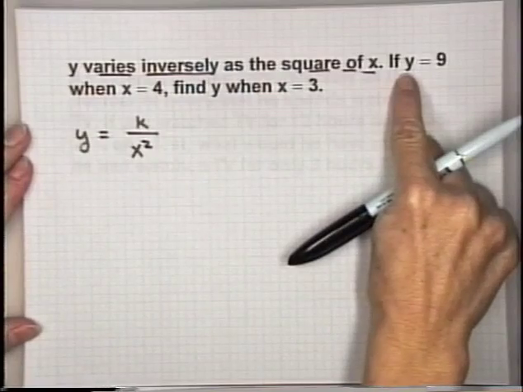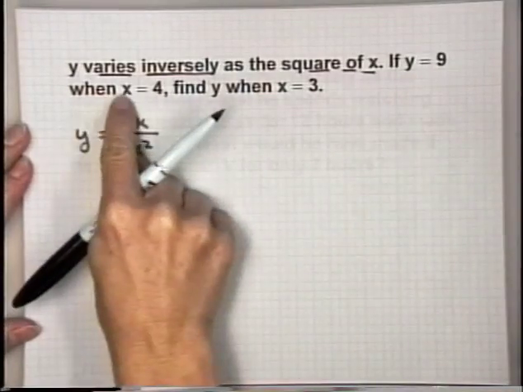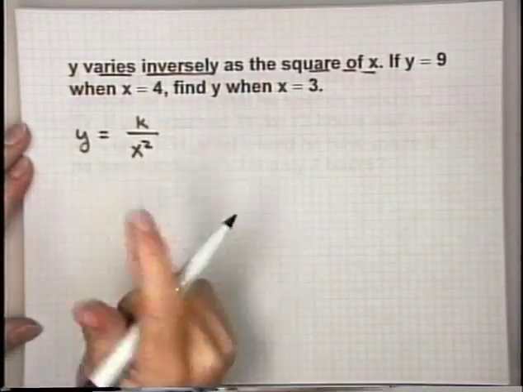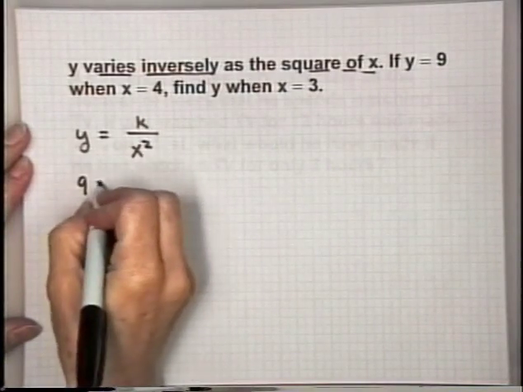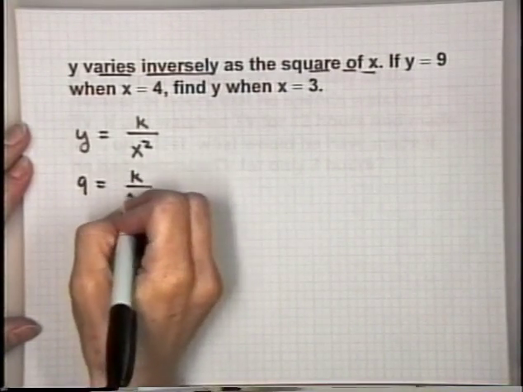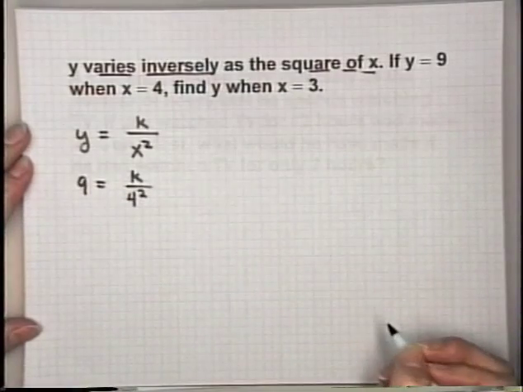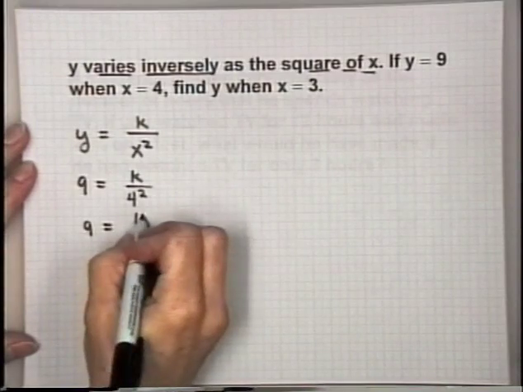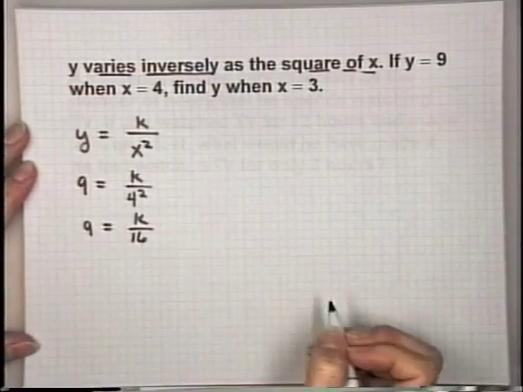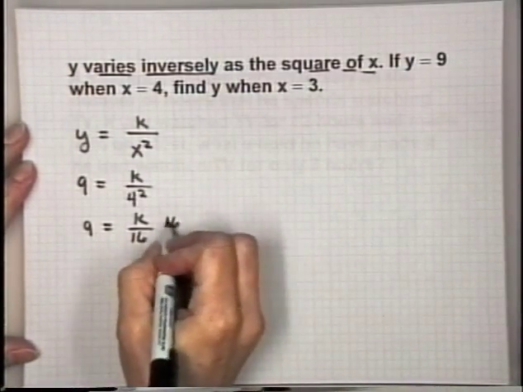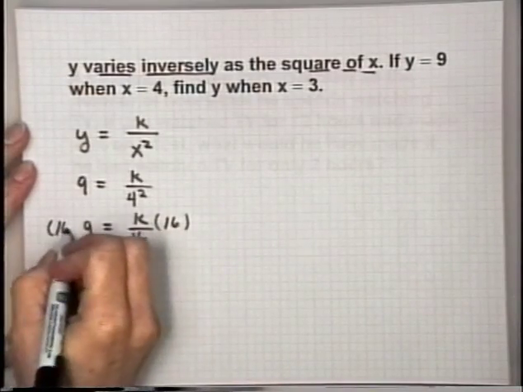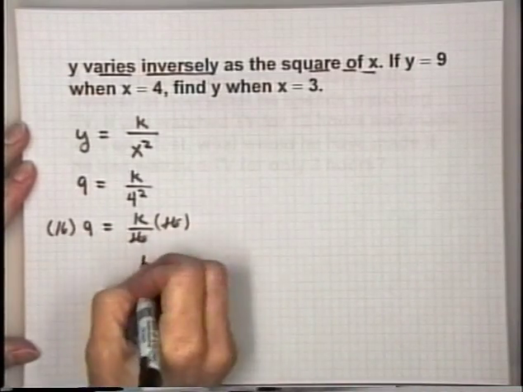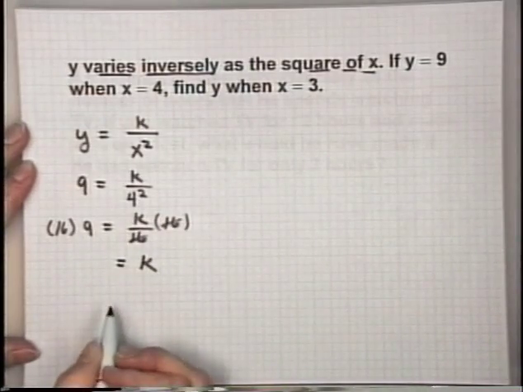Now, with the information, if y equals 9 when x equals 4, well, let's substitute. y is 9 whenever x is 4. So I have 9 equals k over 4 squared. So, of course, 4 squared is 16. To solve for k, we need to multiply both sides by 16, so this cancels out. Okay, let's see, 9 times 16.